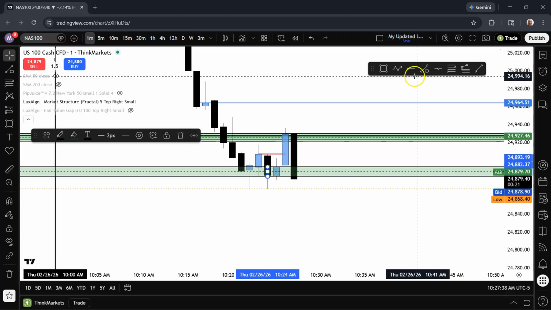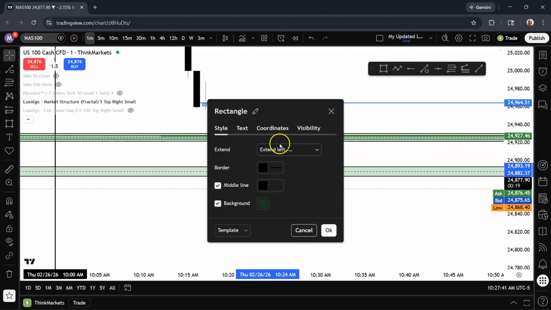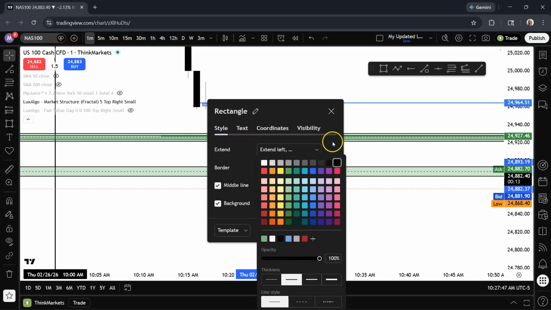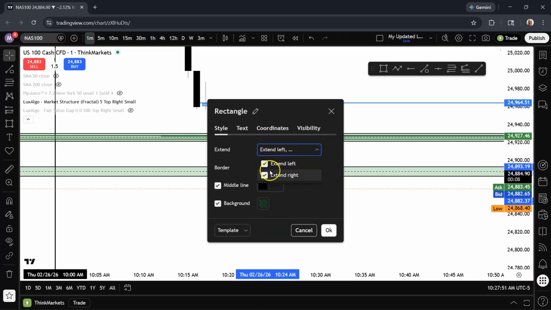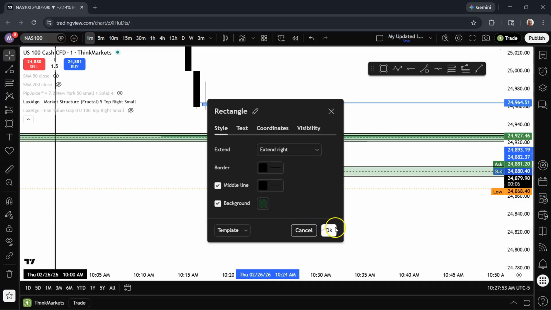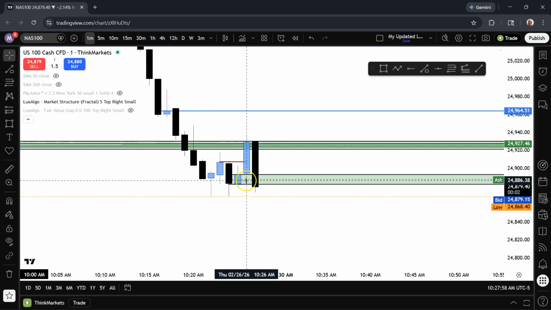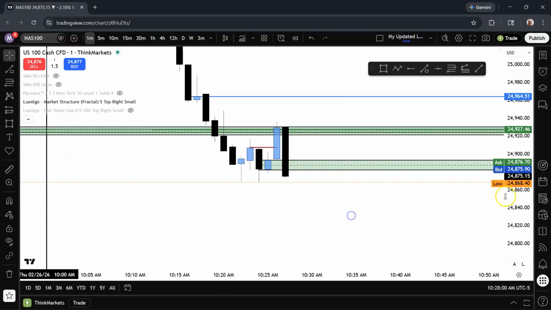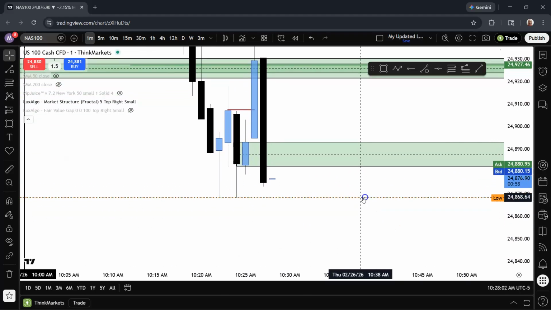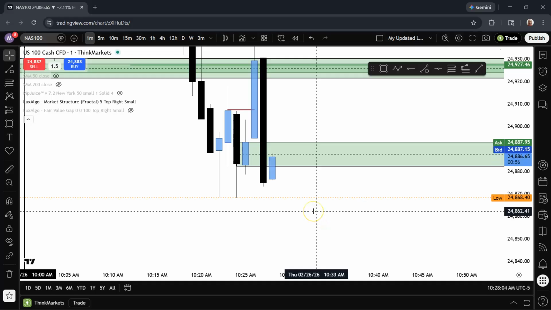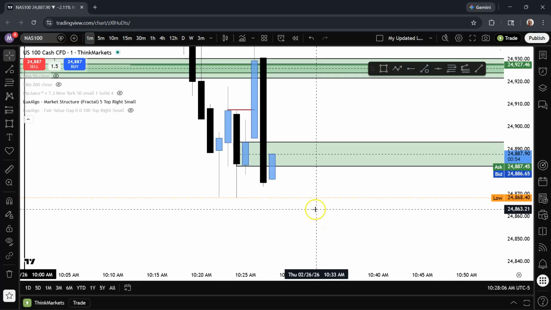Alright, so, and it's going right past it. Wow. Coordinates. Look at that. Blowing past demand. Okay.